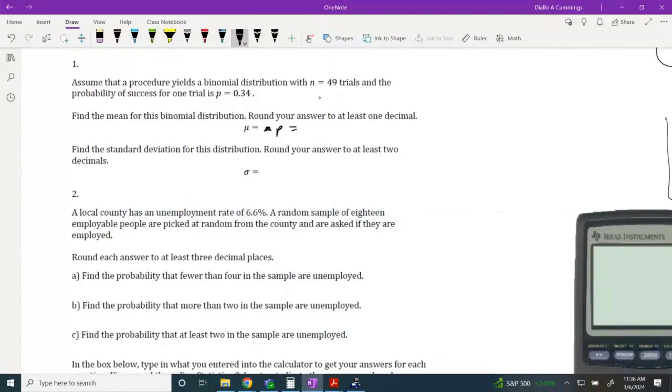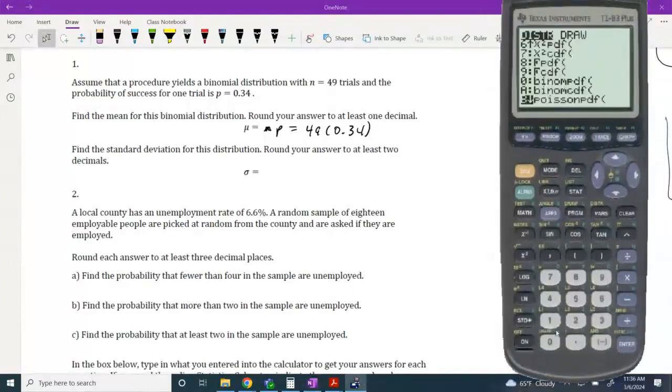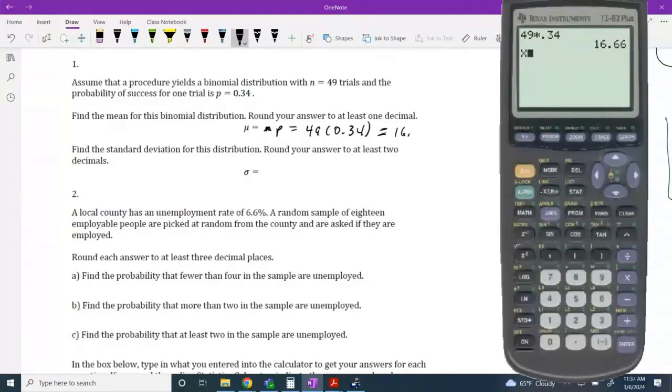So I'm just going to multiply the two together. 49 times 0.34 is 16.66, but if we round to one decimal place, 16.7. So that's the mean.